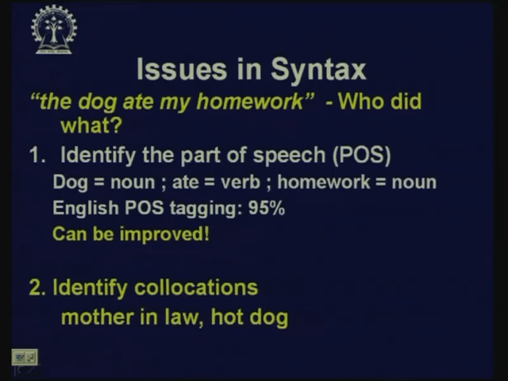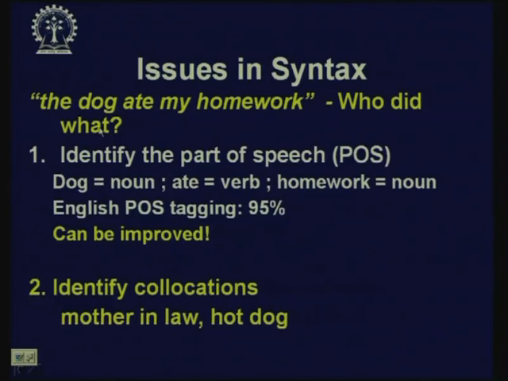Parts of speech, all of you were exposed to that at school level, whenever we talk about a sentence, we talk about noun, verb, pronoun, adjective, adverb, etc. All these are known as parts of speech, and they identify the role of that word in that particular sentence. For example, in this case the dog is noun, ate is verb, homework is a noun.